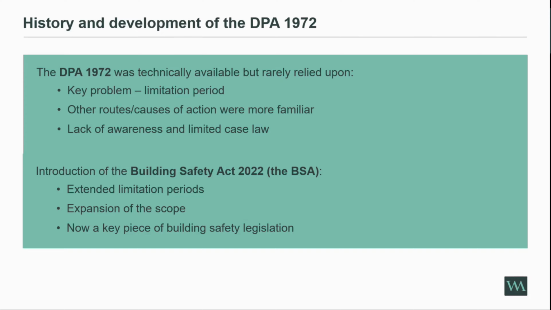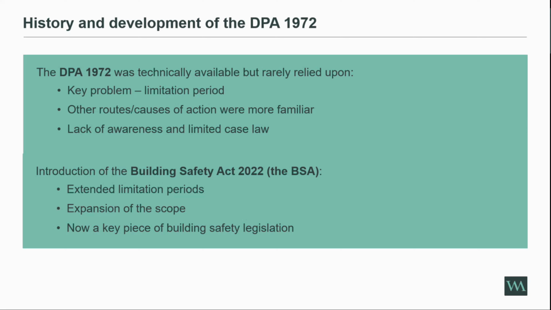So even though it's been around for quite a long time, for about 40 years, the DPA was rarely litigated. We have very little judicial guidance, and there was quite a lot of uncertainty about how far the DPA could go, so what its reach was and what would fall under its remit. And quite frankly, lawyers in particular prefer tools that they can predict.